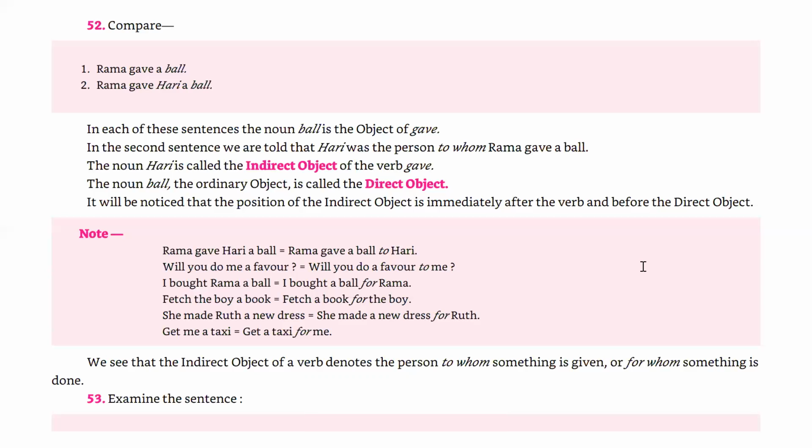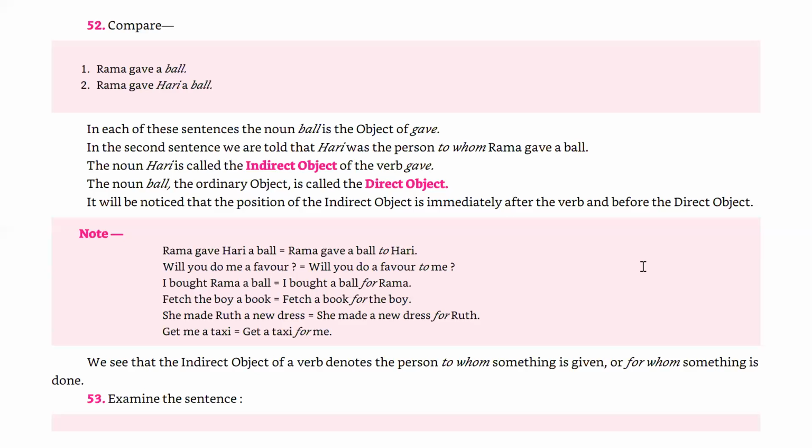It will be noticed that the position of the indirect object is immediately after the verb. So when you arrange it in a sentence, this type of use is called ditransitive use, dvikarmaka kriya, where one verb tries to affect two objects at a time.